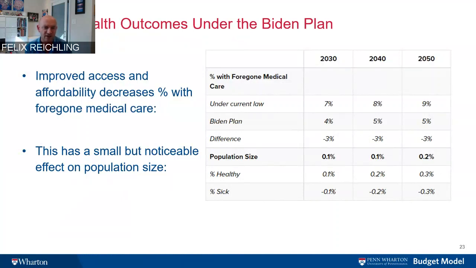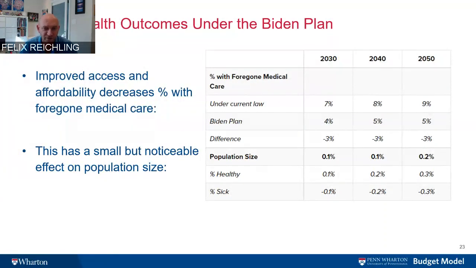Because of that, roughly 0.1% of the population will be healthier, and the fraction of the sick people will be lower. Of course, this is a very slow process because it takes time for people to get healthier under the new insurance.